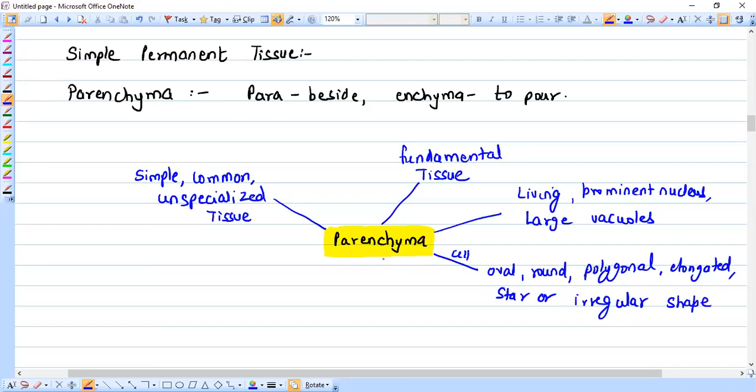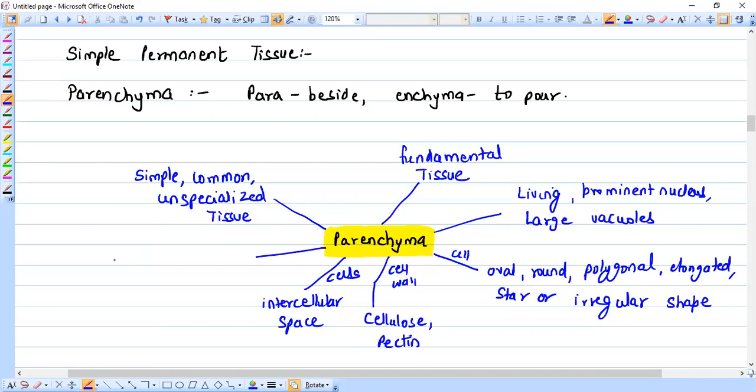Depending on the nature, they will change. When we talk about the cell wall, remember in parenchyma the cell wall is made up of cellulose and pectin, so I can call it pectocellulose. And most important, between the cells, what you're going to get? Intercellular space. In meristematic tissues this intercellular space was absent, but here you will see intercellular space.